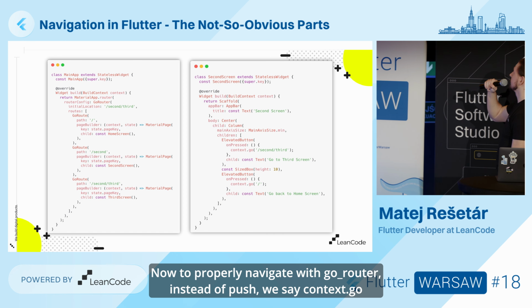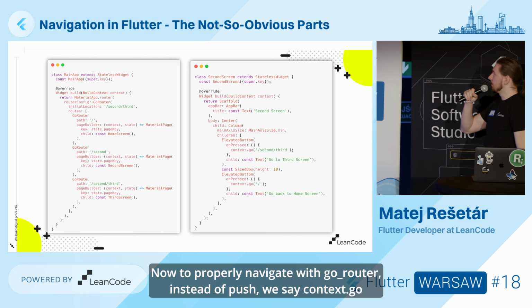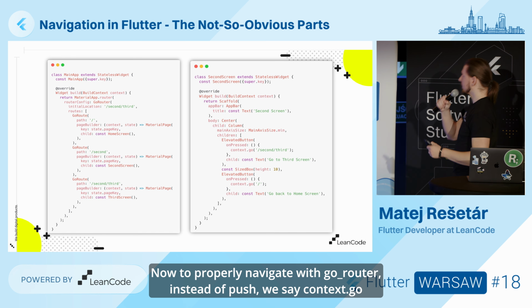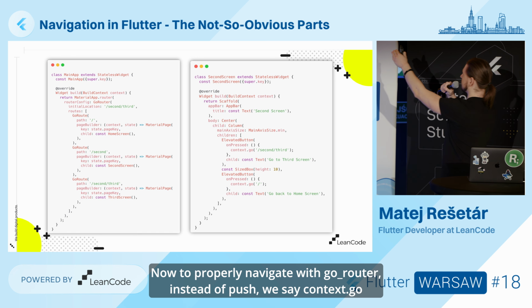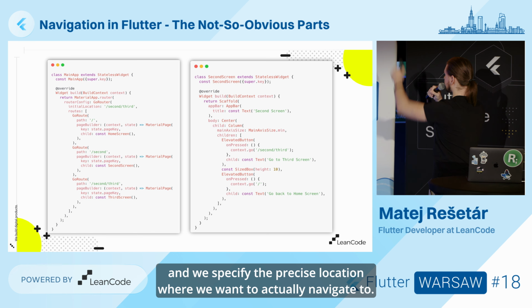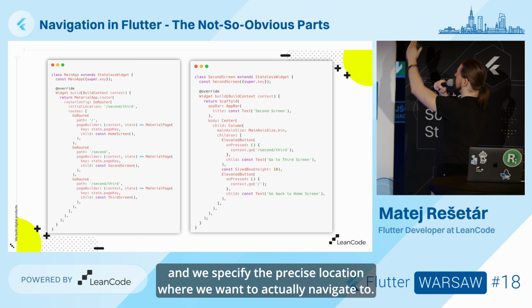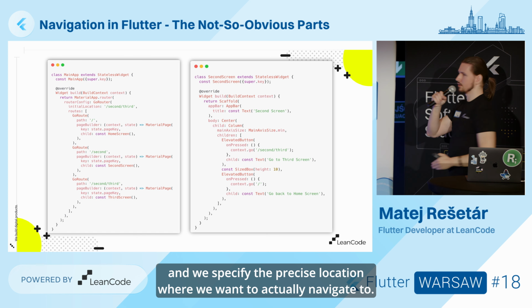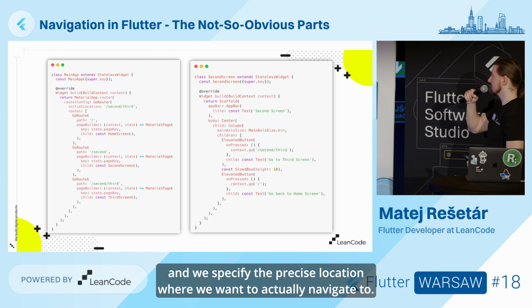And now to properly navigate with GoRouter, instead of push, we say context.go, and we specify the precise location where we want to navigate to.